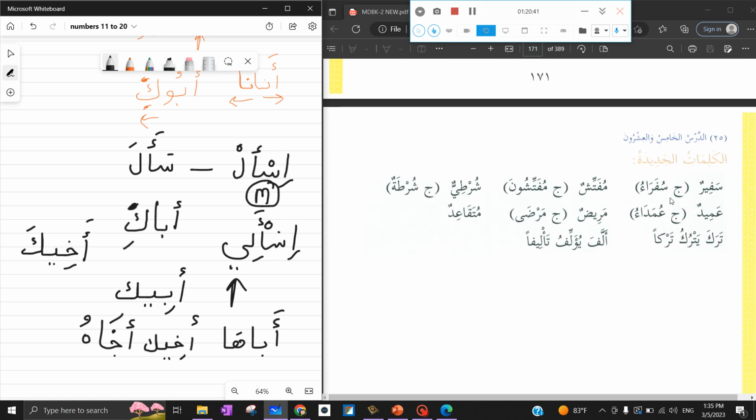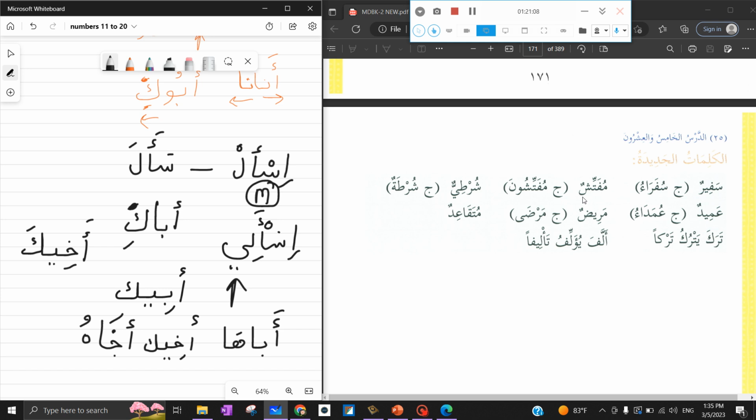So let's see the meanings of kalimat al-jadid. What are the meanings? Safir, ambassador. Plural, sufara'u. This is a broken plural and it follows a certain structure. I'm not going to talk in detail right now, you can just read sufara'u.